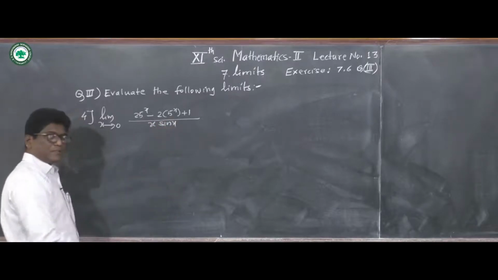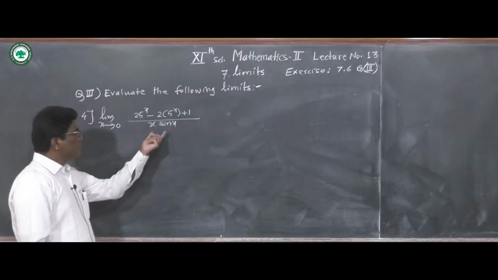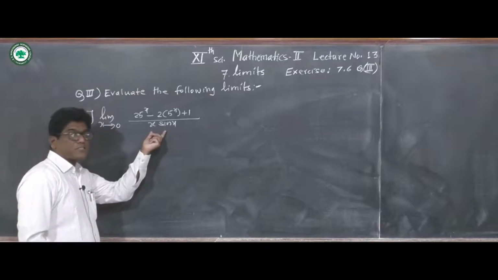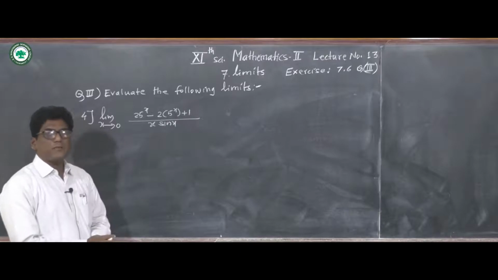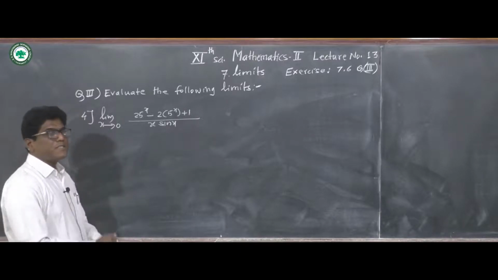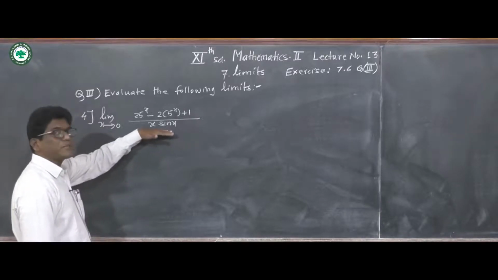In the denominator, as in the previous problem, we must divide by x square, so that we can use the standard formula limit x tends to 0 sin x upon x equals 1.